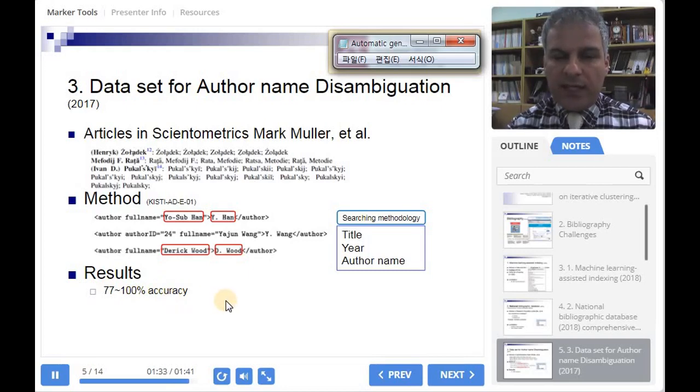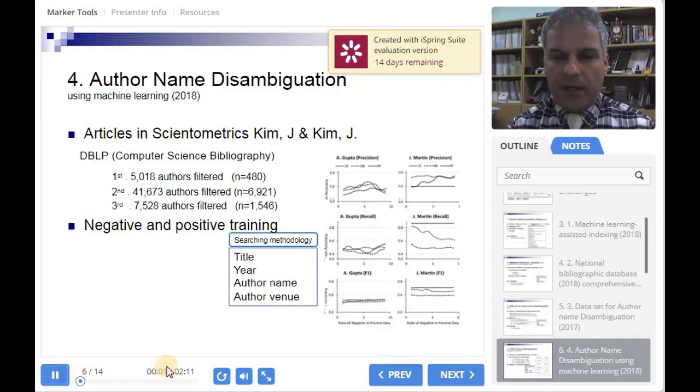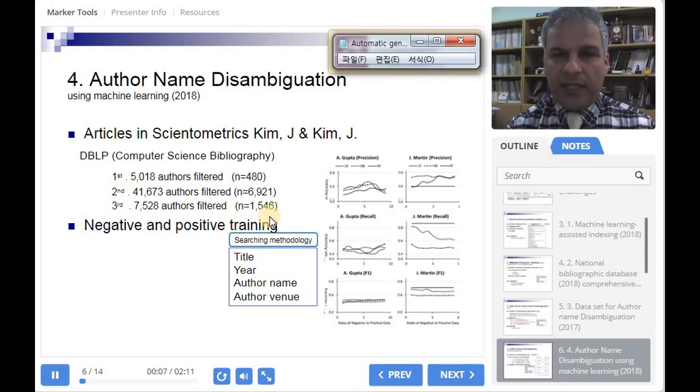They use the KISTI dataset for their methodology. Another interesting article is also about disambiguation using machine learning in 2018 by Kim Jin-seok and Kim Jin-mo.